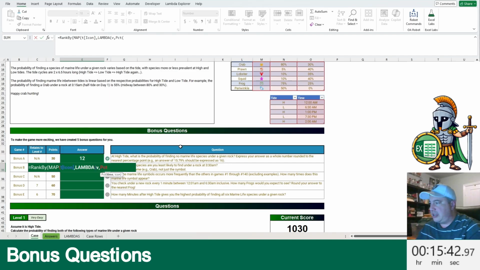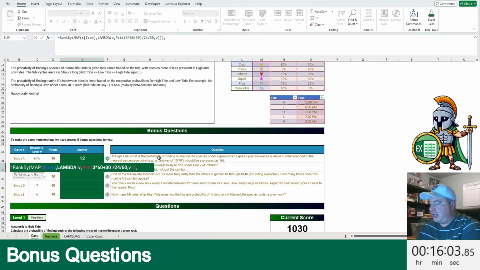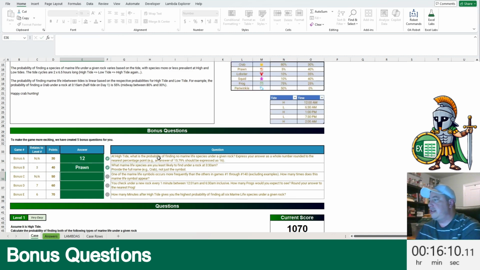So 3:30 a.m. is 3 times 60 plus 30 minutes. That's an integer time. I also need to divide by 24 divided by 60. Then your animal. Okay, and then what do we want to rank by? We're going to return the names here. So T name, least likely is 1.